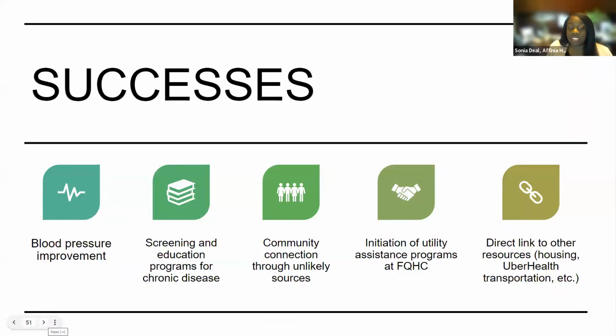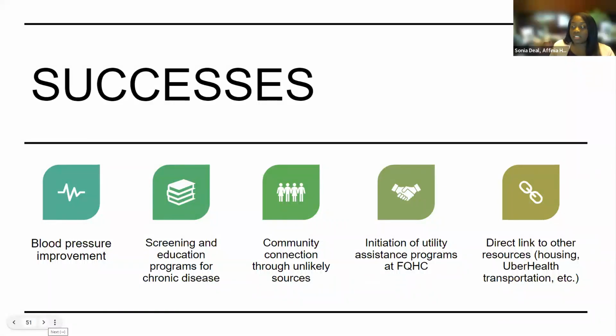So I would definitely say partnership is a must. Oftentimes, the community health workers live in the communities that they serve, and they serve as that community voice. So it's important to embed community health workers not only in the community, but also strategically place them within different areas of the health center.